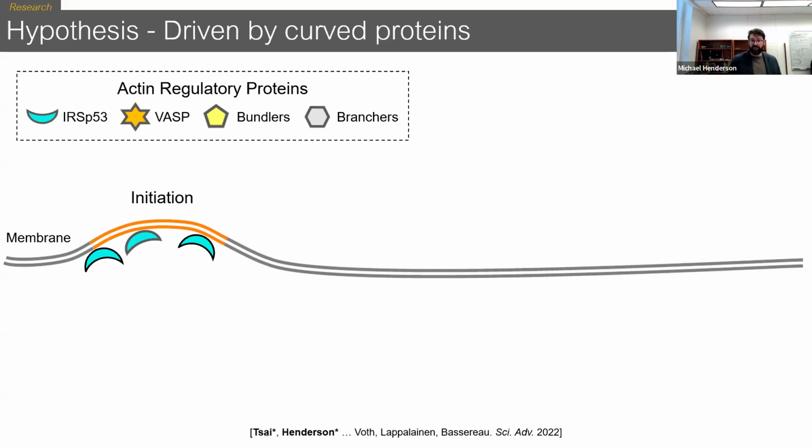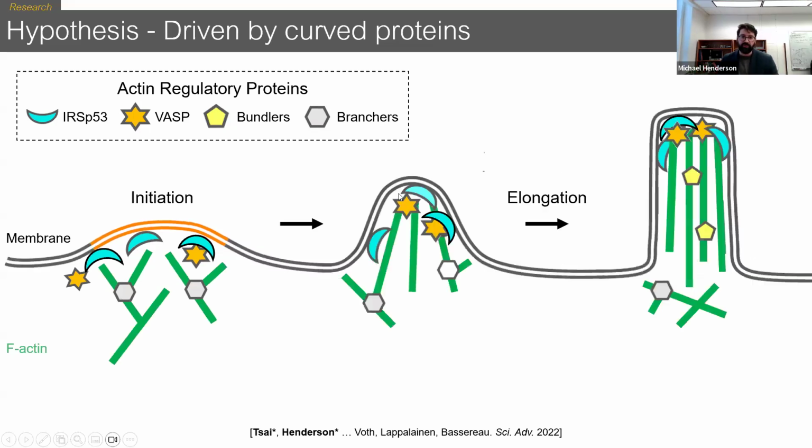This drives deformation outward towards the extracellular environment. Because of the protein-protein interaction modules on the protein, it can then drive the formation of the supporting actin structure underneath this little nascent protrusion. As the structure matures, you then elongate and form a mature filopodia, for example.